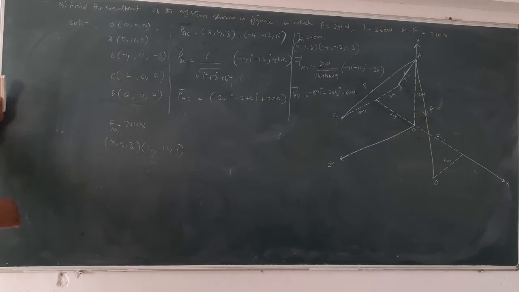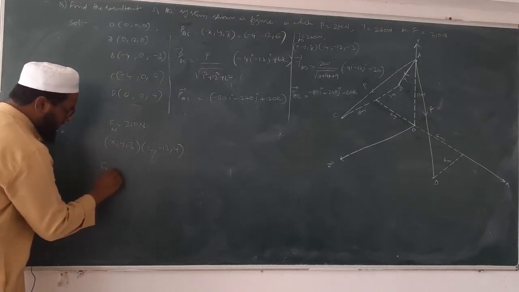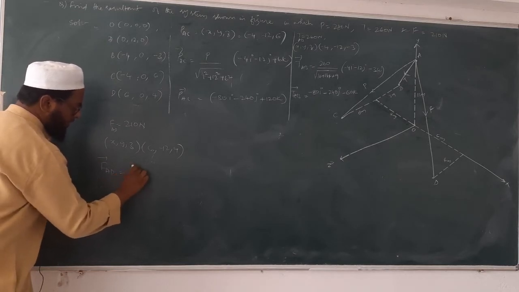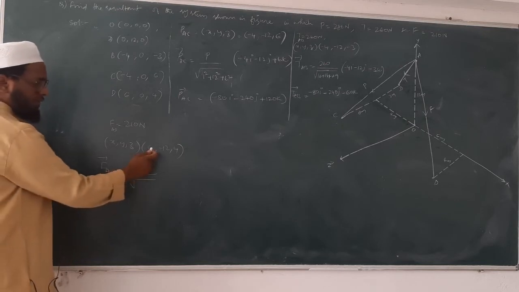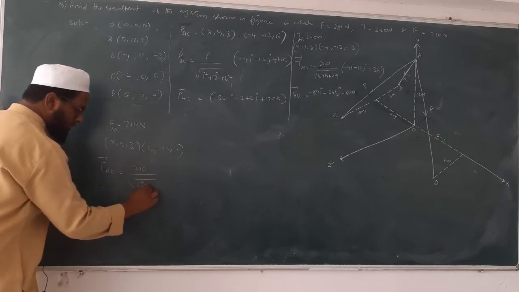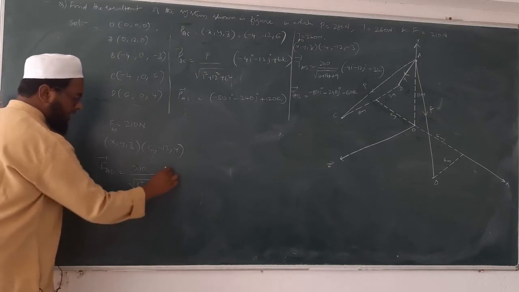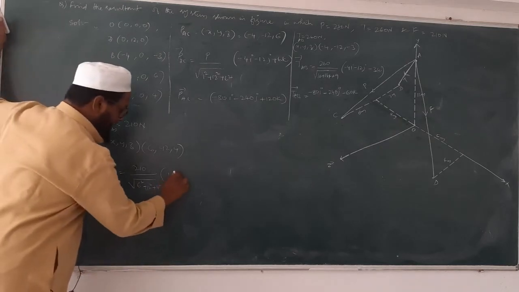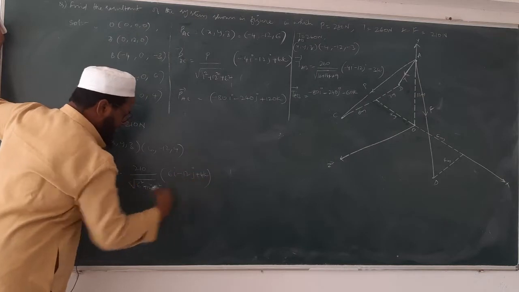And what is the next thing we'll do now? Force vector AD is equal to 210 by under root 6 square plus 12 square plus 4 square, into 6i minus 12j plus 4k.